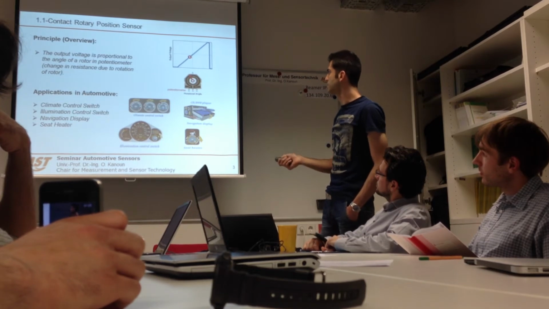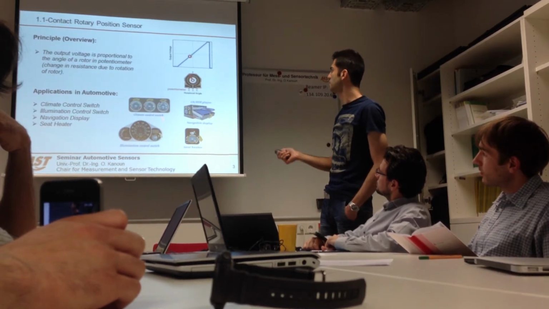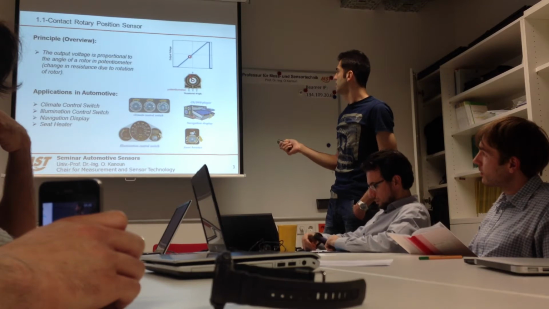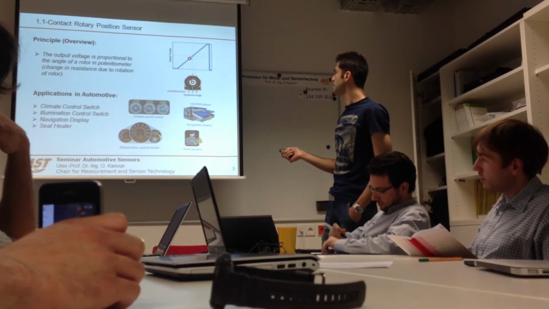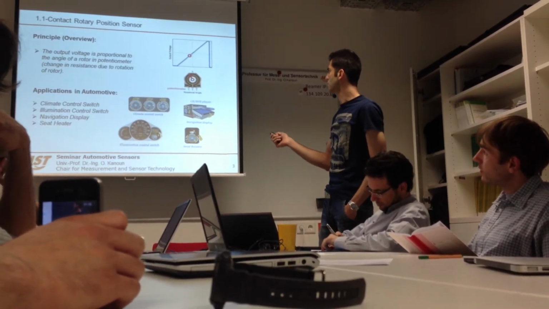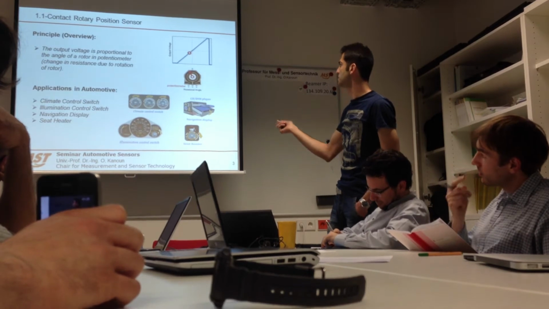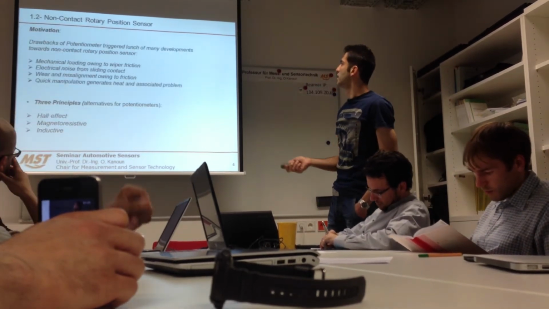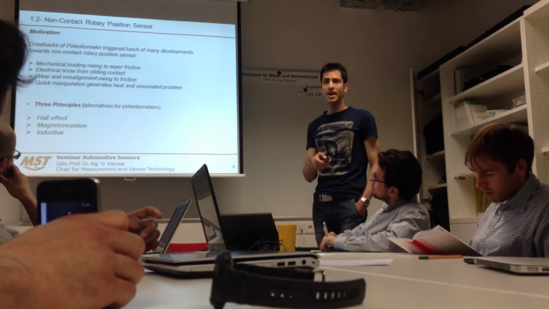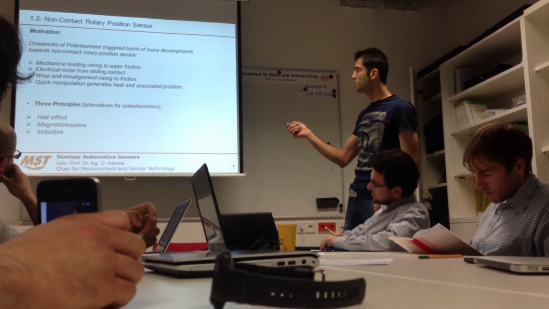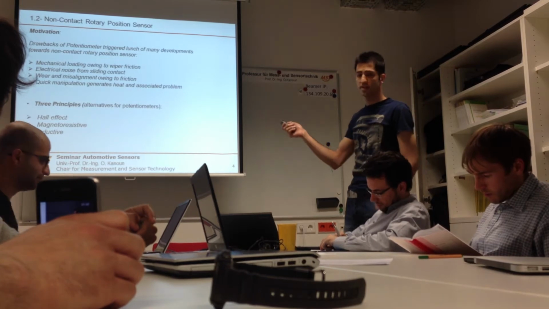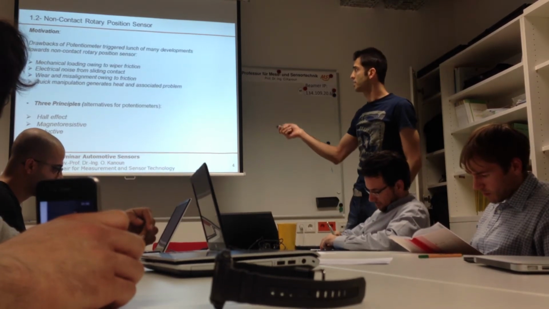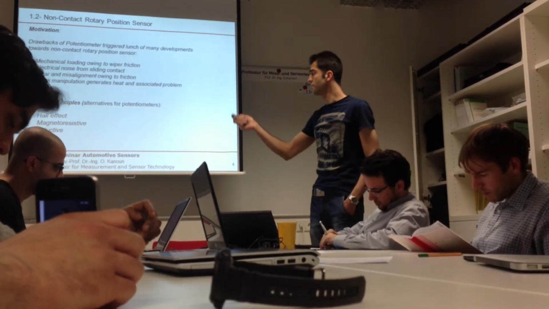Here we can see some common applications. As you can see, these are analog displays, and they are somewhat old, and they've already been replaced with new digital ones. The drawbacks of the potentiometer launched many developments toward non-contact rotary position sensors.